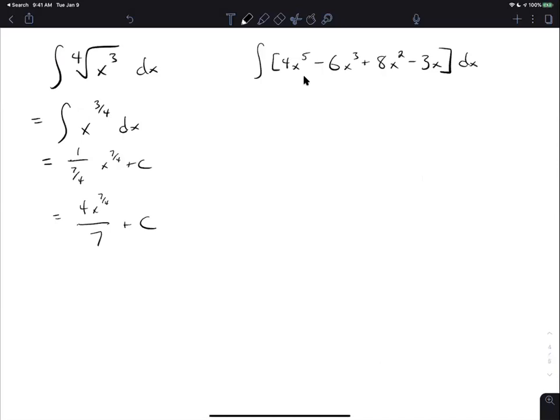So to make this match the rules that we've got, I'm going to rewrite this problem like this. Does that make sense to everybody?